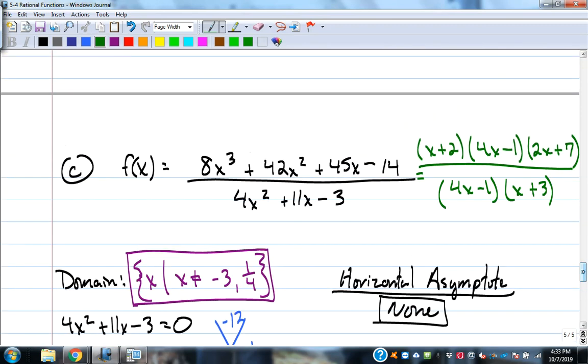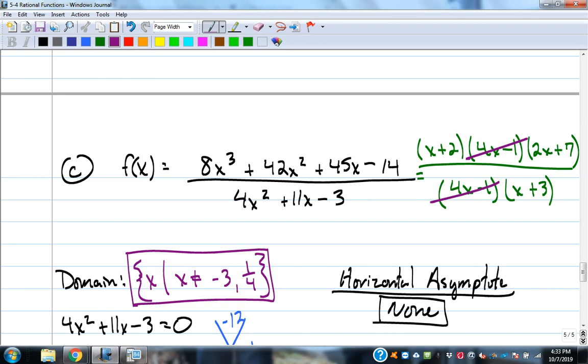So all that work to get that factored form, but it pays off because something cancels out. The 4x minus 1s cancel out. And in the next section, that's going to create a hole in the graph, which we'll talk about. It really is the easier part. We're doing all the hard parts in section 4. Section 5 actually gets a little easier because we've already done all the hard work.